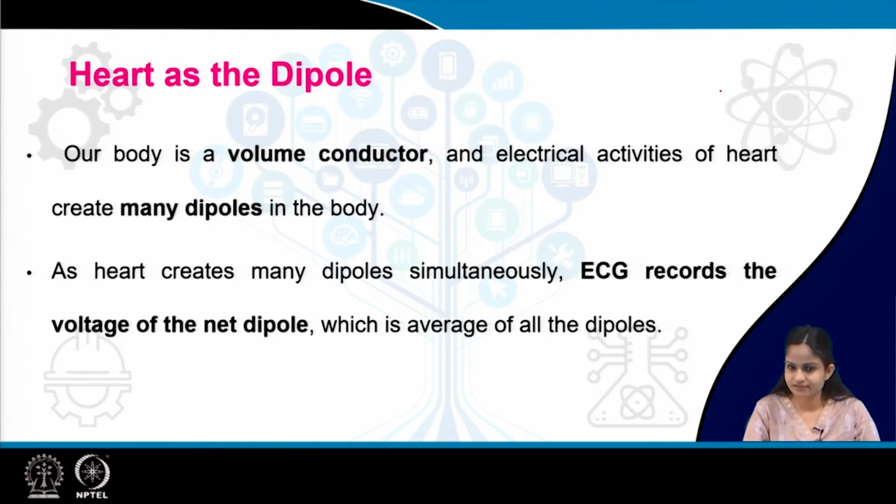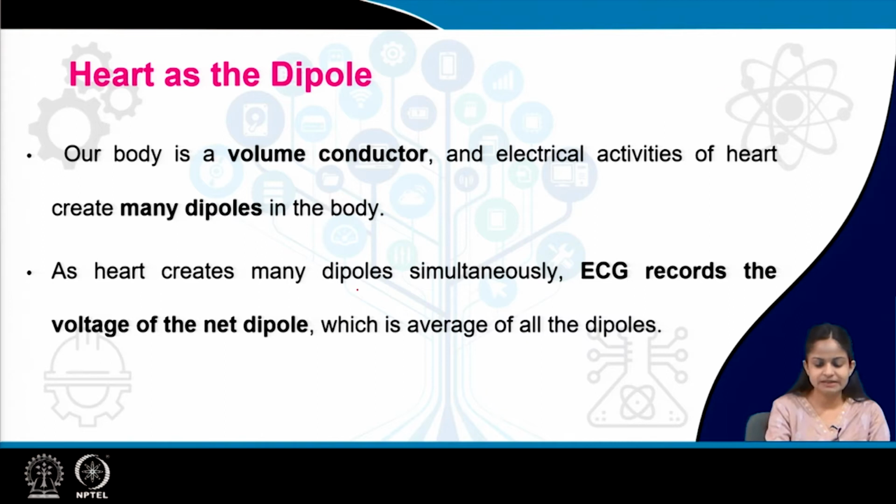Because our body is a volume conductor, a very good conductor of electricity, and a very good example is if you put your hand in the socket, you can understand how our body is a good conductor of electricity. So, the electrical activities that occur in our heart create too many dipoles.